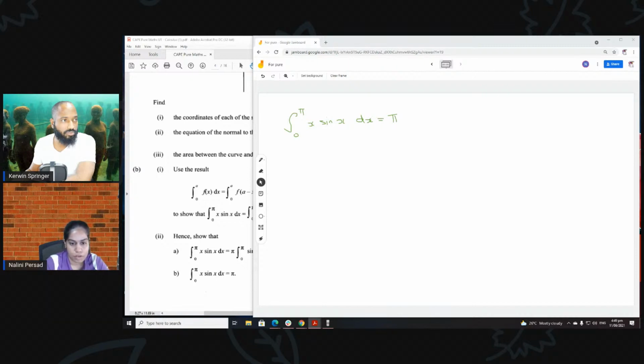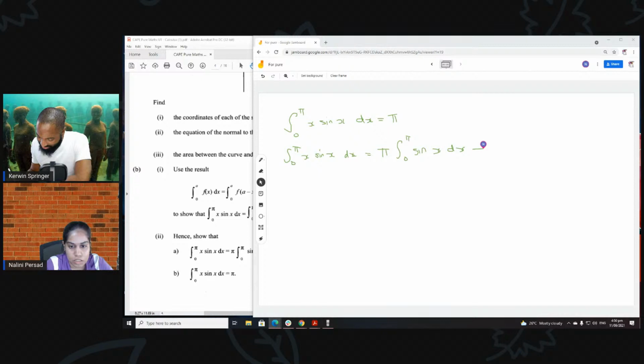So from the part above, which was part A of it, it gave us that the integral between 0 and pi of x sine x with respect to x is equal to pi, the integral between 0 and pi sine x dx minus the integral between 0 and pi x sine x dx.